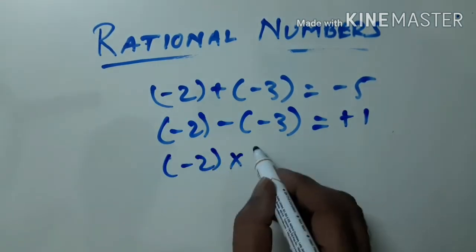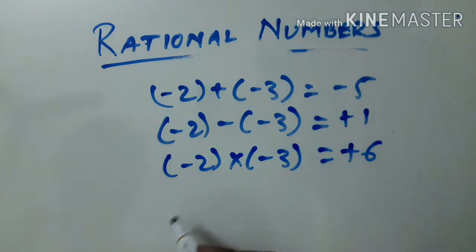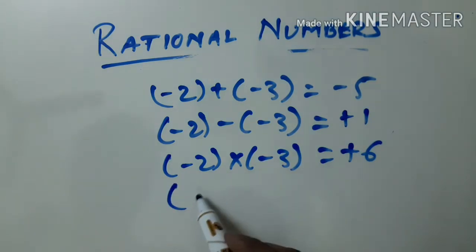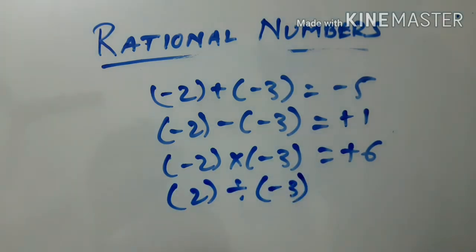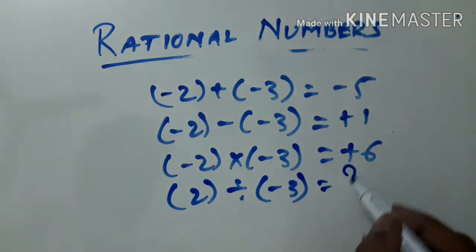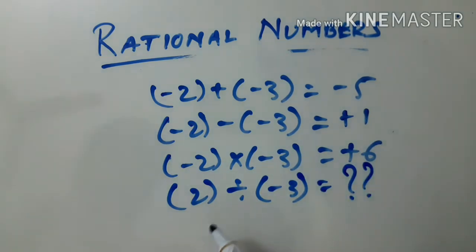If we multiply two integers, then also we get an integer. But if I divide two integers, is it required that it should be an integer? What type of number will we get? So 2 divided by minus 3 I can write as 2 by minus 3.